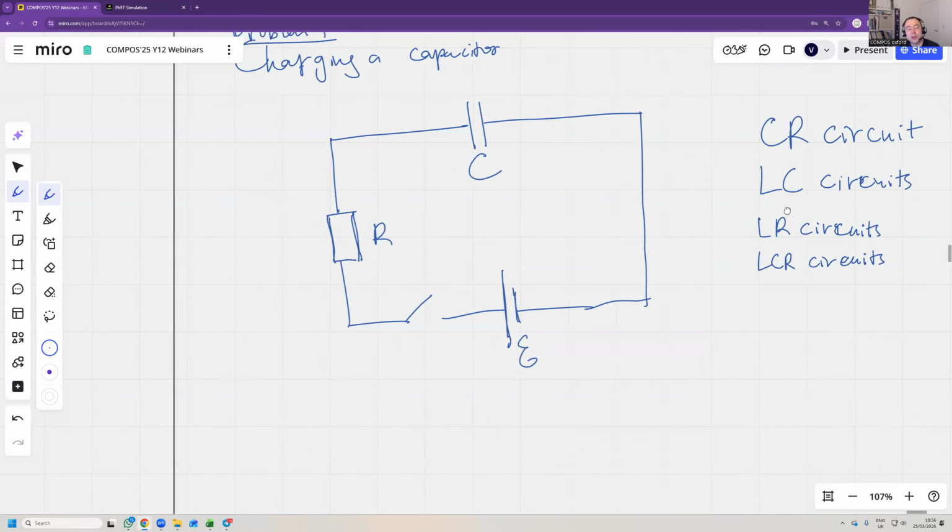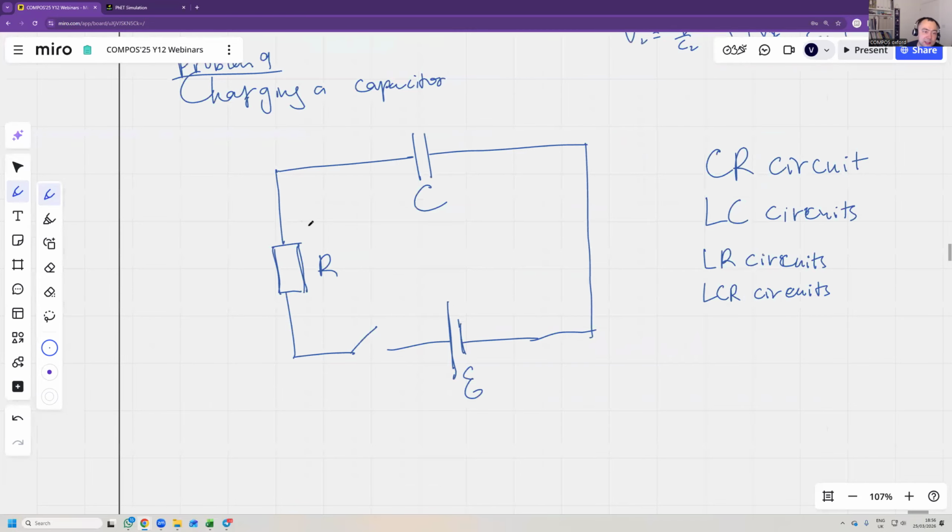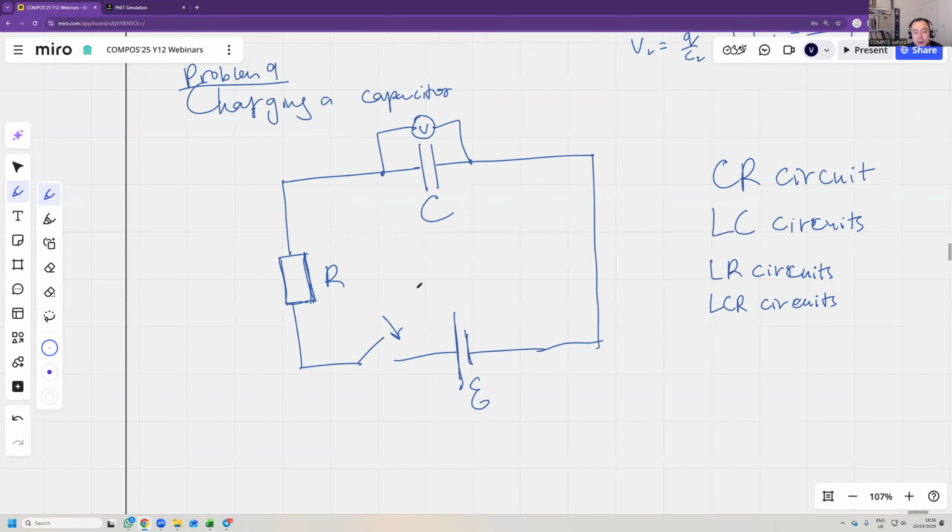Okay. So basically, we're interested in how the capacitor charges. So how does the voltage on the capacitor change as time goes by? So we close the switch, and we want to know how the voltage changes as time goes on.